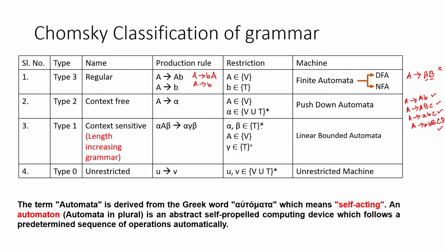This A has to be some non-terminal, and gamma is written as T plus.